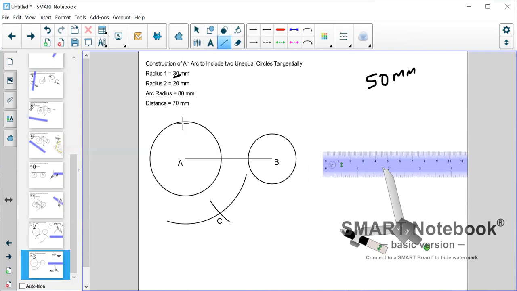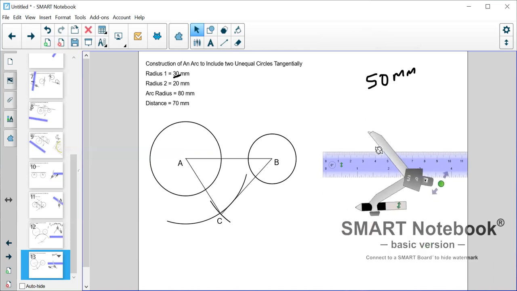Just to remind you again, the distance of this arc is 50, and the distance from B to C, however, is 60. Now, in order to get the actual arc, we need to use the radius that is given as 80 mm.